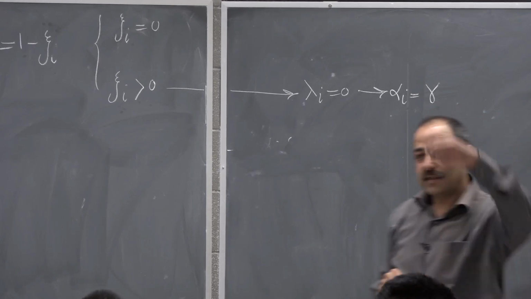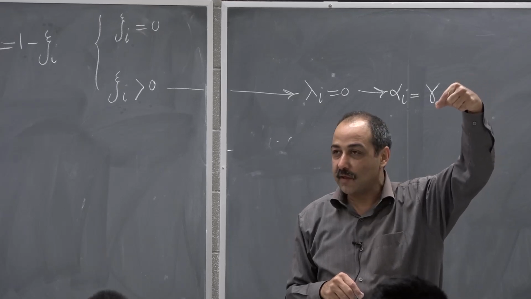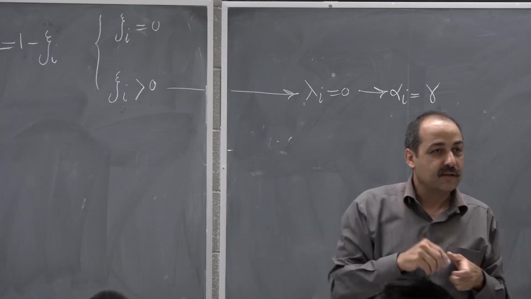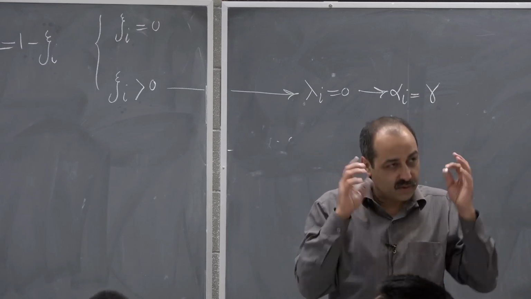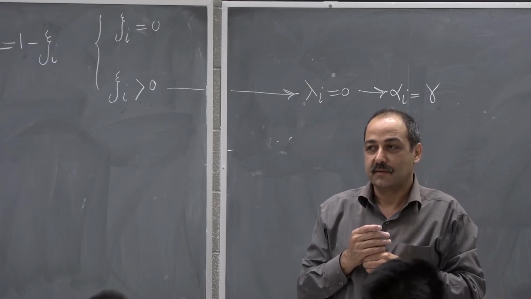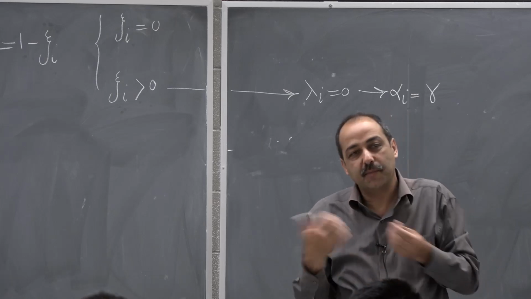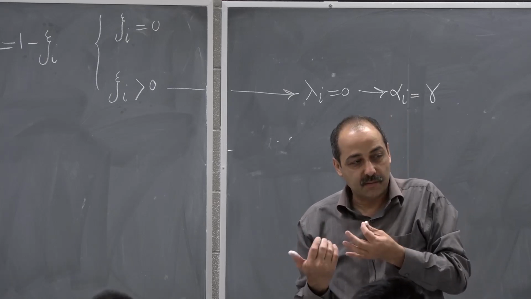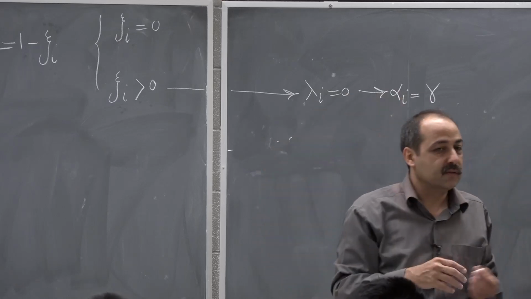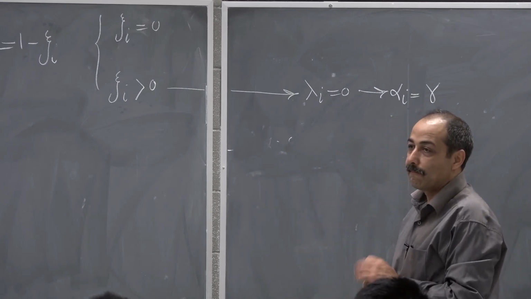For those points that have alpha I greater than 0, some of them have alpha I equal to gamma. Those points violate the original constraint and go over the margin, and may even go over the boundary. They might be on the right side, just violating the margin, but they might even go to the wrong side. But these are those points.